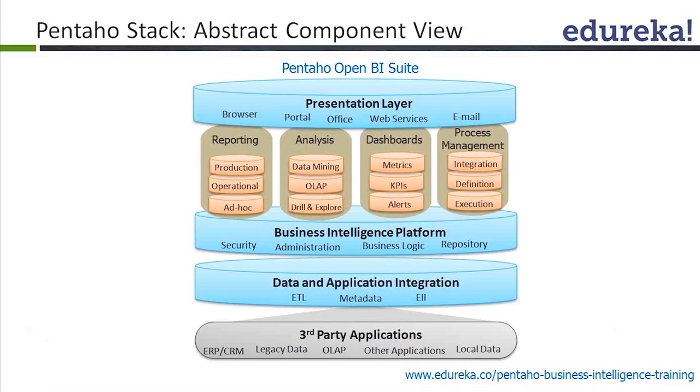Now, third-party applications. Let's say Nielsen is feeding the data. That is our third-party data source. Before loading into the Pentaho BA solution, that data needs to be transformed. So above the third-party application comes the data and application integration layer.